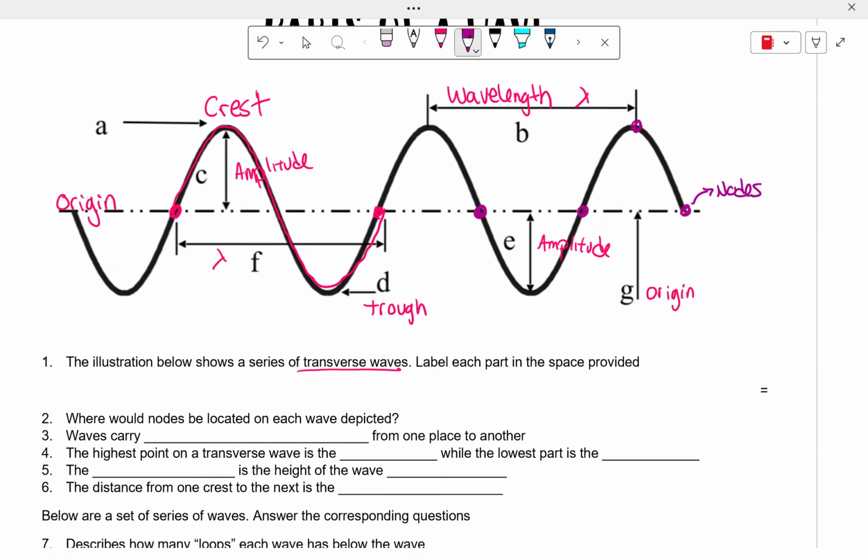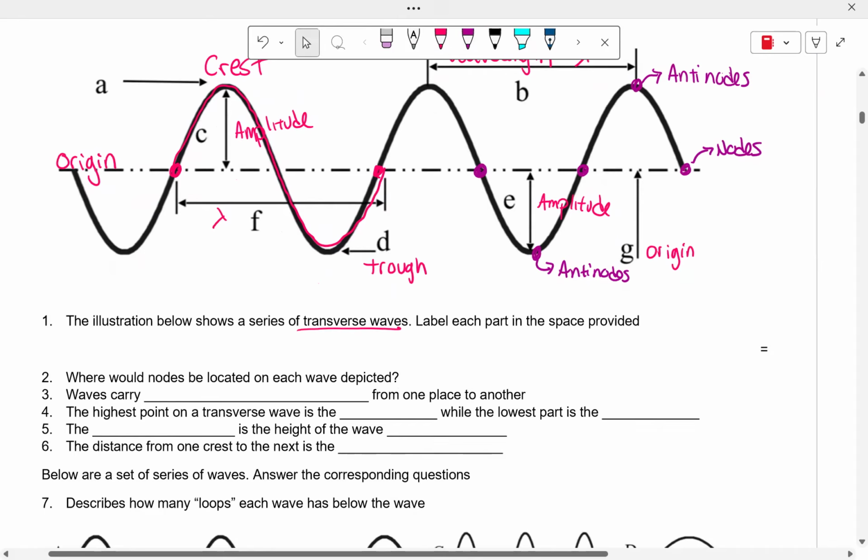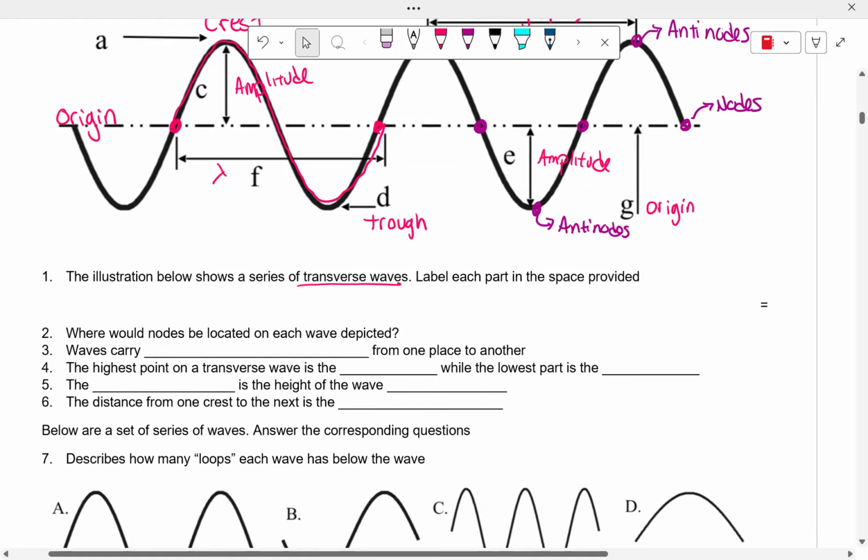And the peaks or the troughs of the waves are antinodes. This is the maximum displacement from the origin. That won't be that important, but it speaks to the amplitude, and identifying the nodes helps relate it to electrons a little bit.